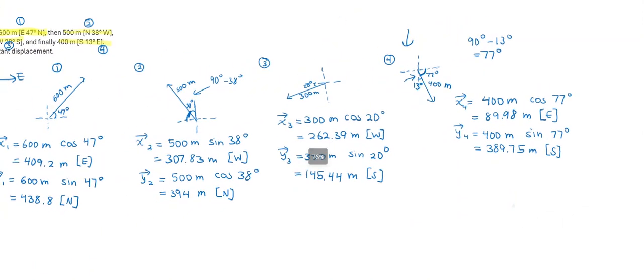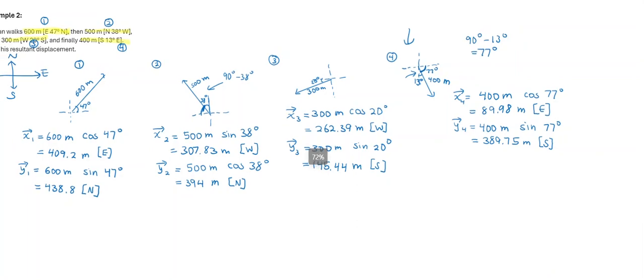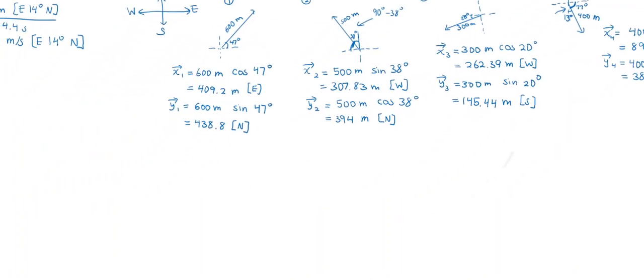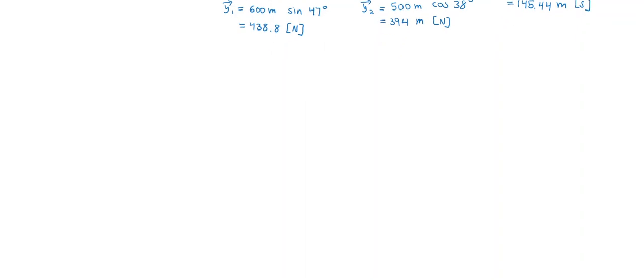Okay, so all 4 components are done. And now the same thing, we're going to find the resultant displacement for x and resultant displacement for y. So over here, it's going to be delta x resultant.